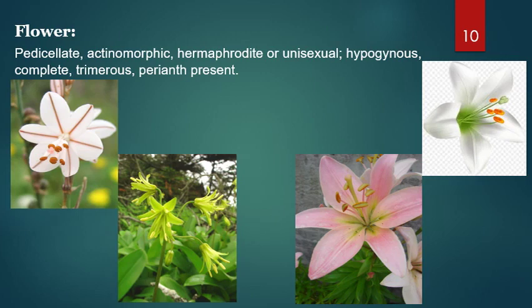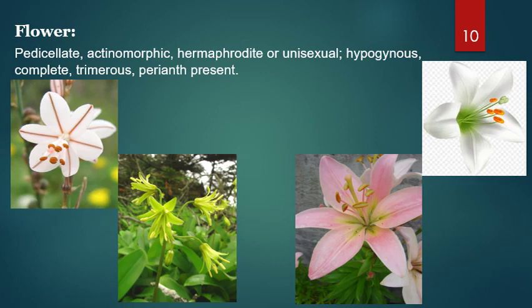Hermaphrodite refers that the flower exhibits both male and female reproductive parts in the same flower, and in some cases flowers are unisexual. It means male and female, or staminate or pistillate, parts are present on different flowers.